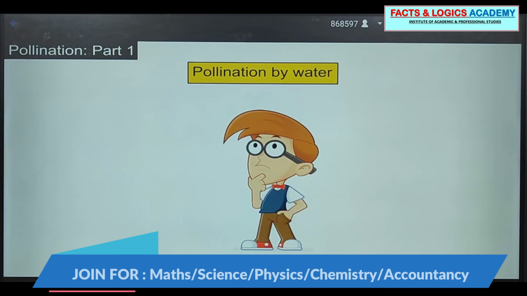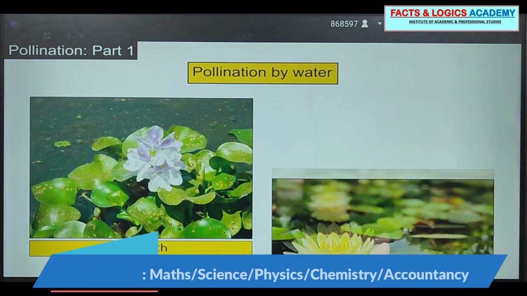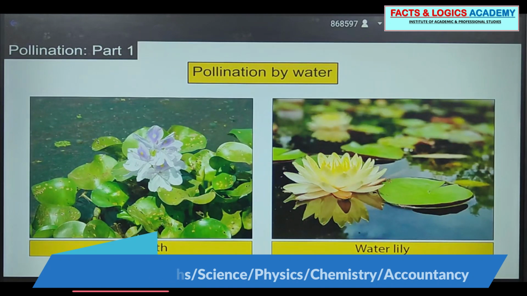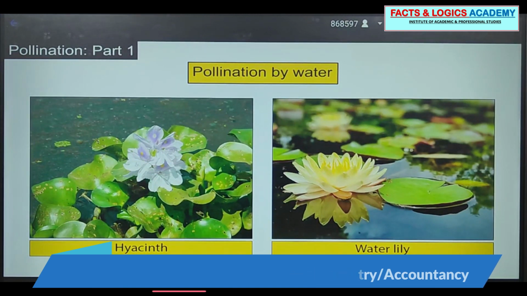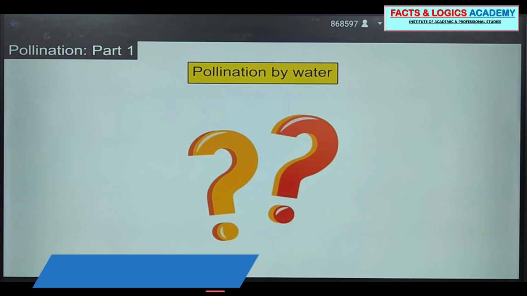In a majority of aquatic plants, such as water hyacinth and water lily, the flowers emerge above the level of water and are pollinated by insects or wind, as in most of the land plants. So, how does this process of pollination by water happen?